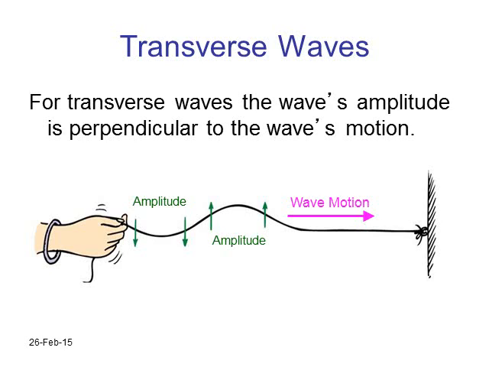So the direction of the motion may be up and down, but the wave moves left to right. So the waves shake this way, all right? We're displacing this way, up and down, but the wave travels this direction. And that is called a transverse wave.